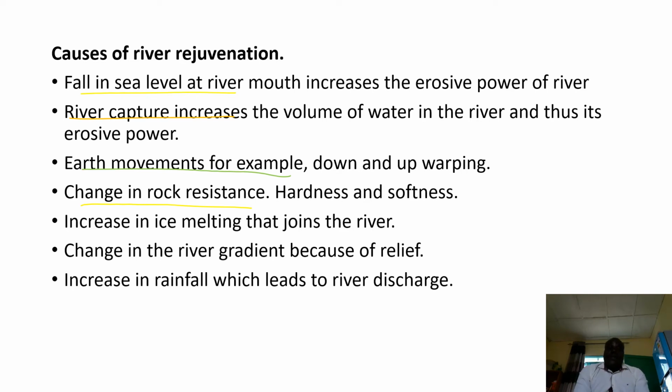Then increase in rainfall. Definitely, the more the rainfall, the more the water that joins the river. And the more the water that joins the river, the bigger the volume. The bigger the volume, the more the power to erode. As simple as that.